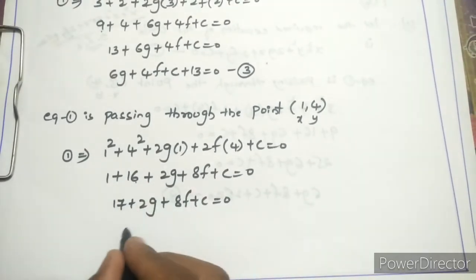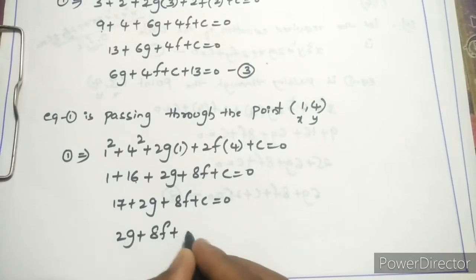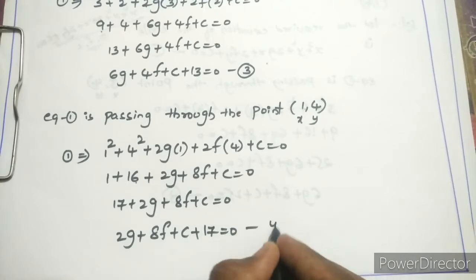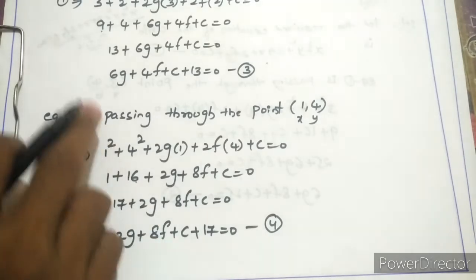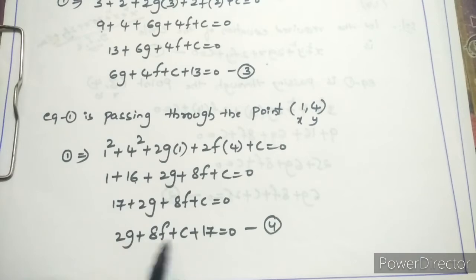Writing in order, this becomes 2g plus 8f plus c plus 17 is equal to 0. So this becomes equation number 4. So finally we got the 4 equations. So we have to solve equation 2, equation 3 and equation 4 to get the g, f and c values.